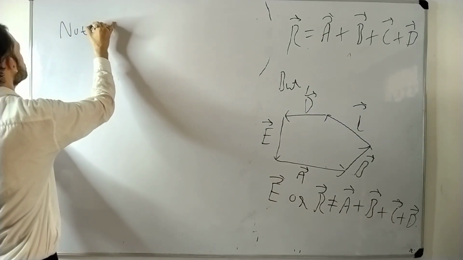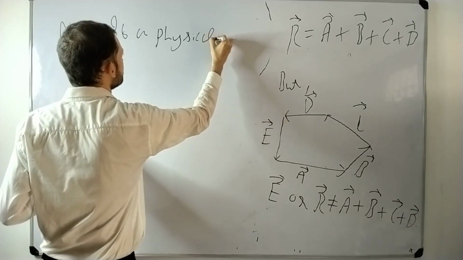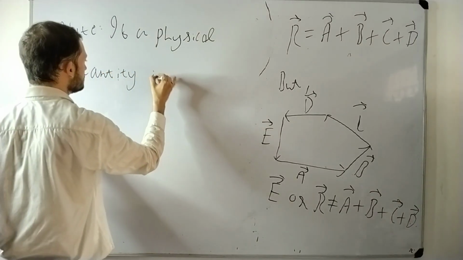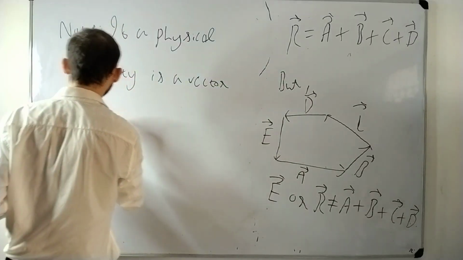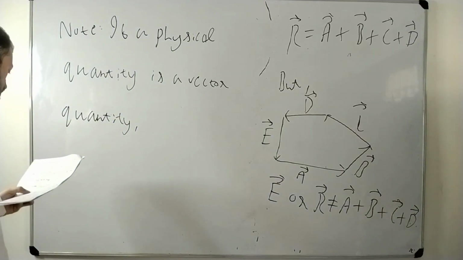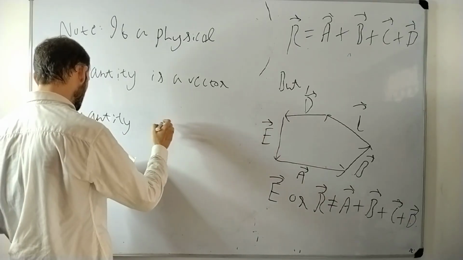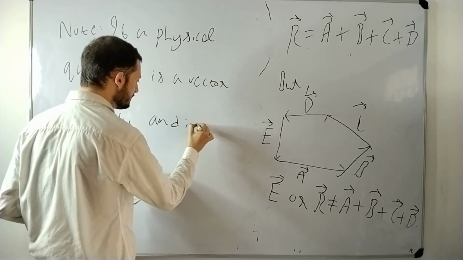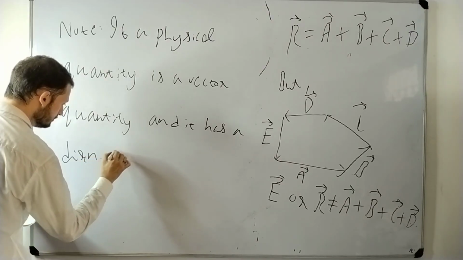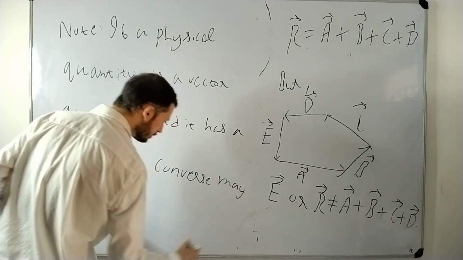Note, if a physical quantity is a vector quantity, it has a direction, but the converse may or may not be true.